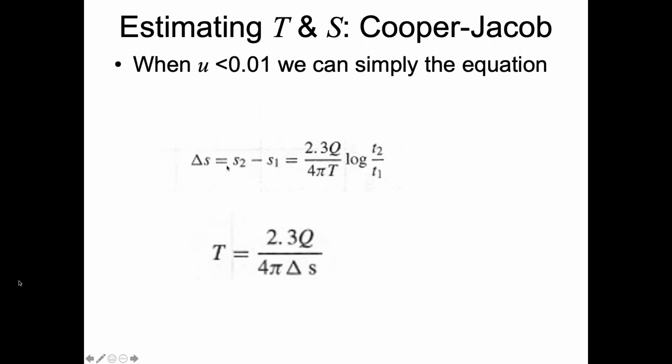So drawdown S2 at time 2, drawdown S1 at time 1. And then we can say that our transmissivity is therefore equal to 2.3 Q over 4 pi times the change in our total overall drawdown.